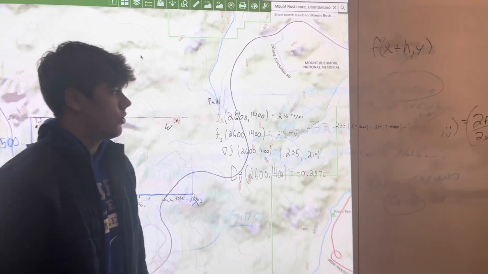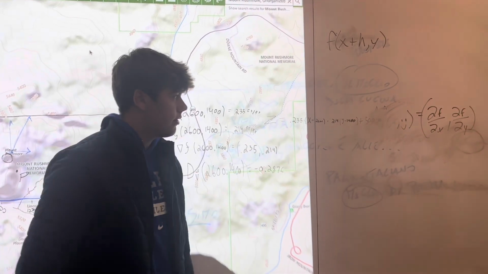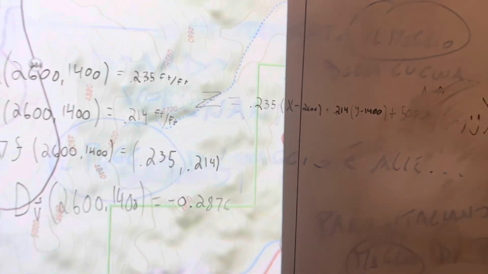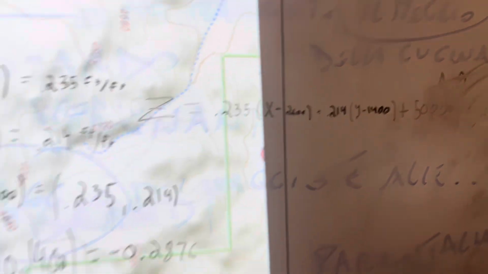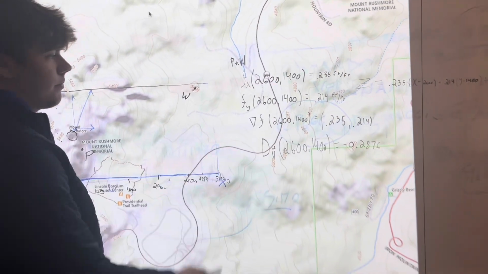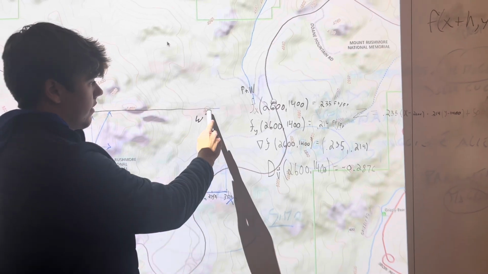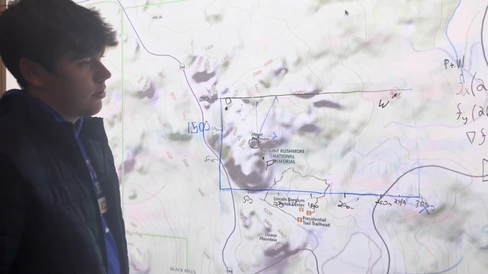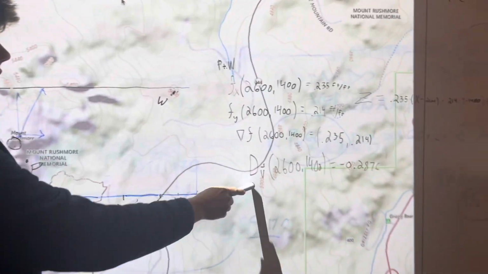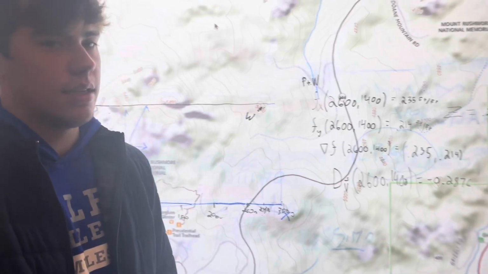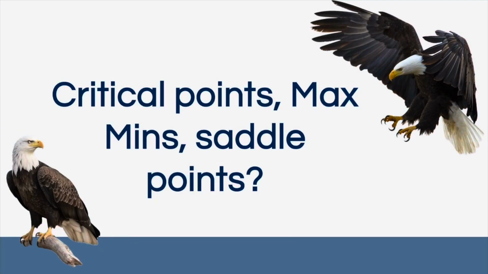And then using that, we can find the tangent plane equation as such. And then we're also able, using the gradient and the unit vector going towards our peak, to find that our directional derivative is equal to negative 0.2876.